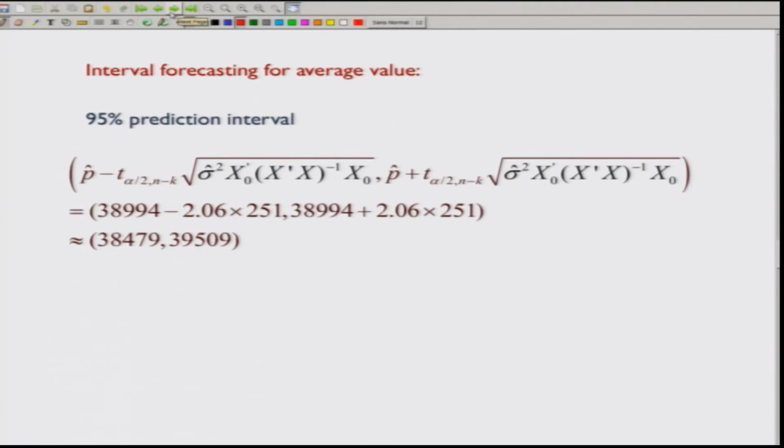Now, we try to find out the 95% prediction interval. So you may recall that we had derived the prediction interval for the case that sigma square is unknown. Obviously, here we are trying to estimate the sigma square from the given set of data as sigma square hat. So we are going to use this expression.